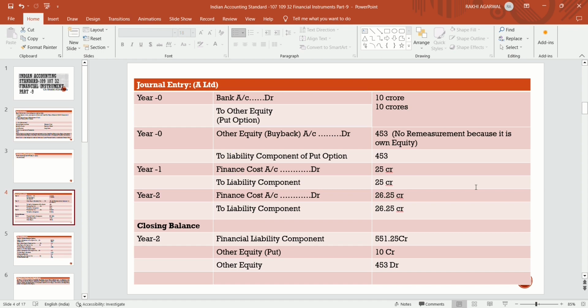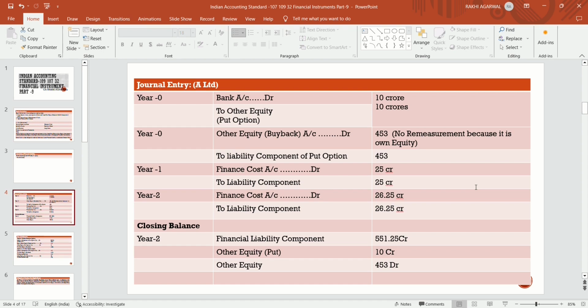And in year 0, it also brings that consideration to present value by pulling it at 5%, which is the market rate for 2 years. Because it is dealing in its own equity instrument, they will recognize it as a buyback of its own equity instrument.